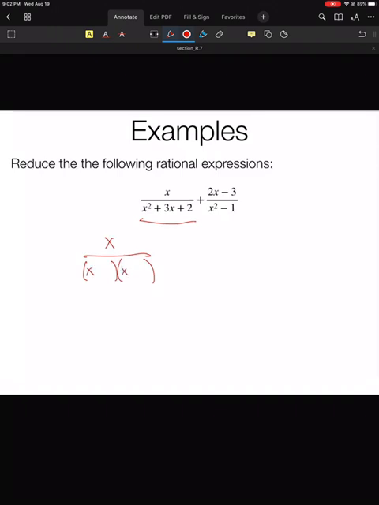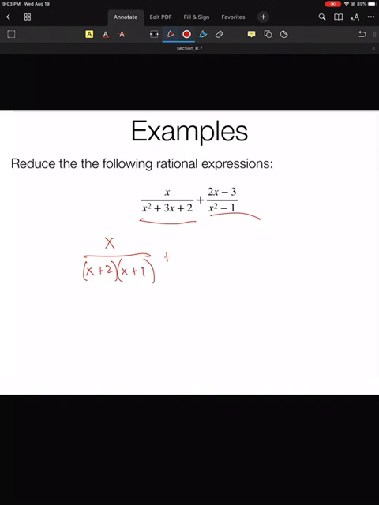What two numbers add to 3 and multiply to 2? There are pluses both places, so we know that these are going to be plus and plus. The two numbers are 2 and 1. So that's the first rational expression.